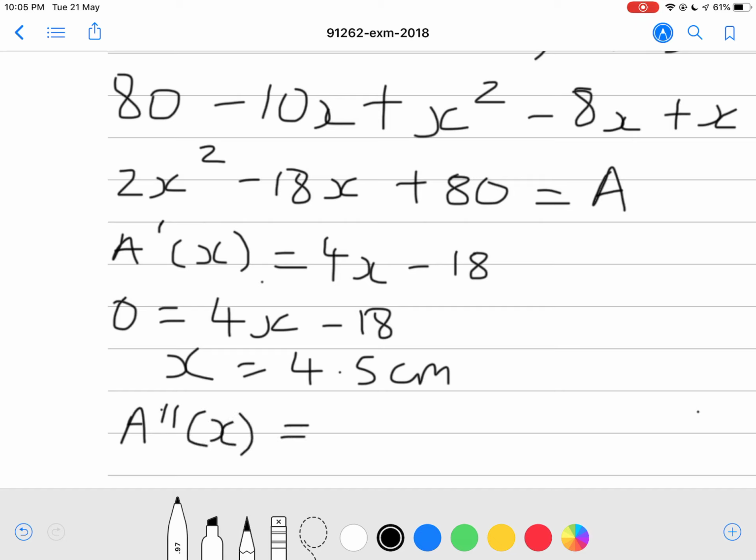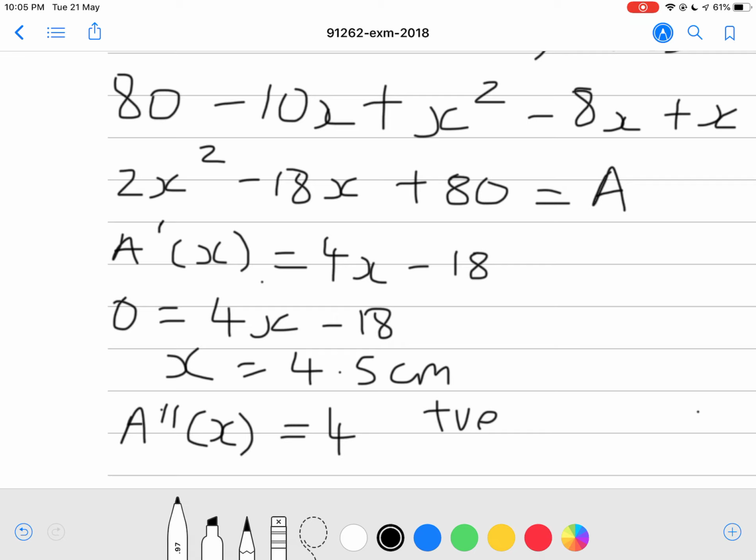So A dash of x equals 4x minus 18, 4x just becomes 4, and the minus 18 is gone. You see that 4 is a positive number. Everyone's happy with that? When the double dash of a function is positive, then it has to be a minimum.